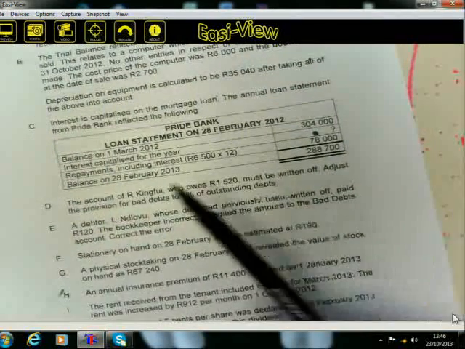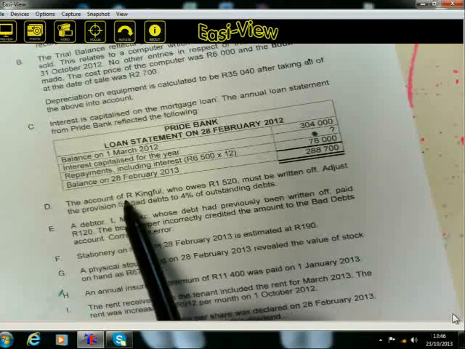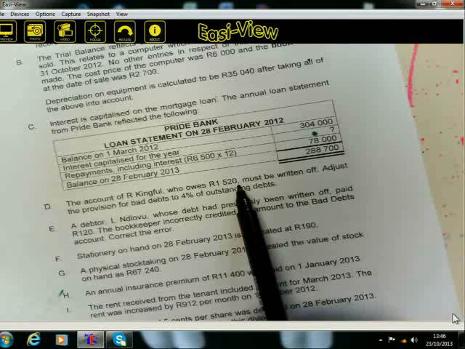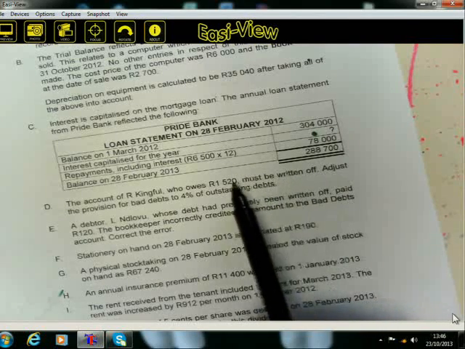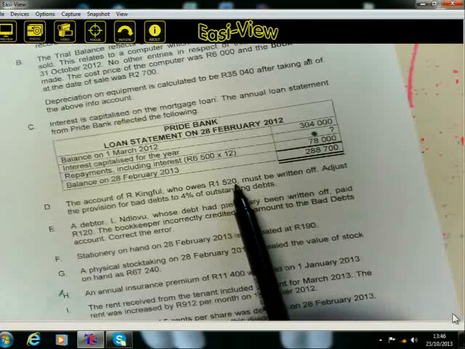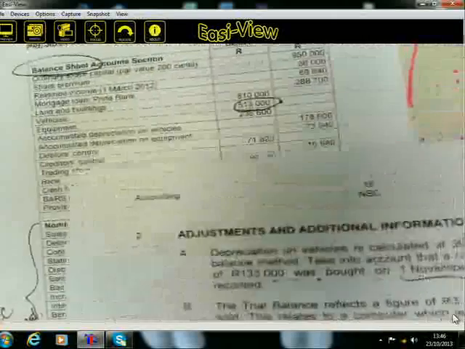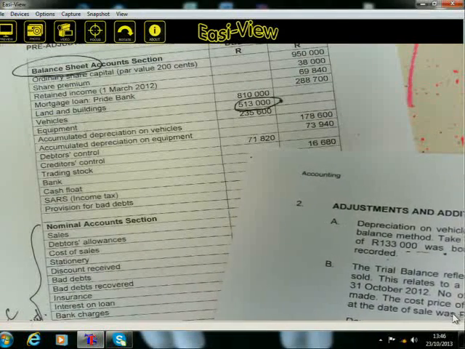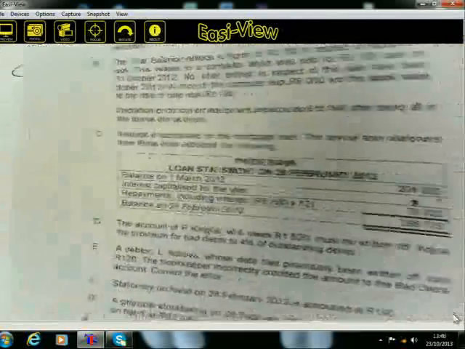Then D, the account of R. Kingful, who owes 1,520, must be written off. We need to write off 1,520. This Kingful has been included in the list of the debtors. His amount was here, but now he cannot pay, so we need to write it off.